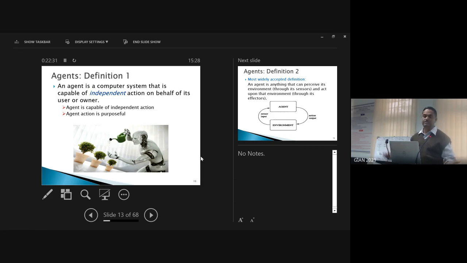There is a travel agent, and you want to go to some particular place, maybe Simla with your family, and you are so busy that you don't have time to search for hotel, flight, train, and find out the schedule and which places to visit.